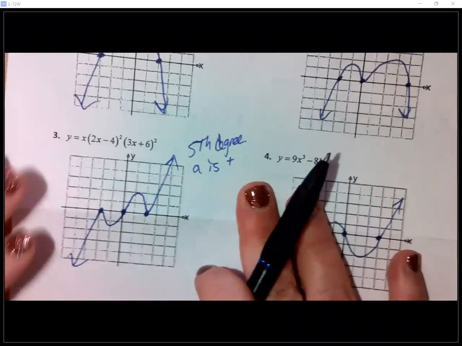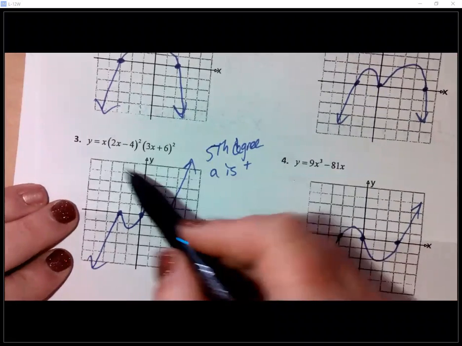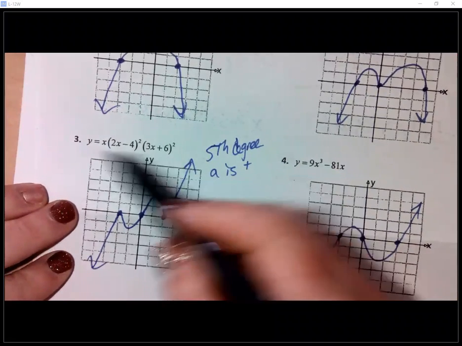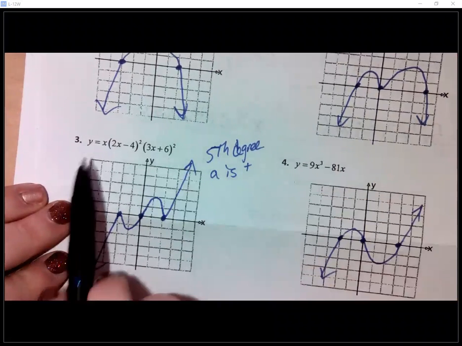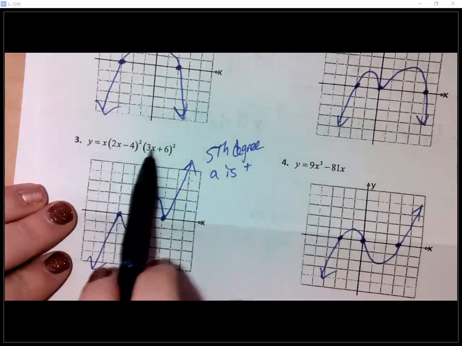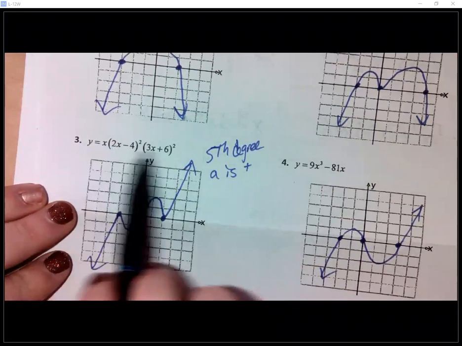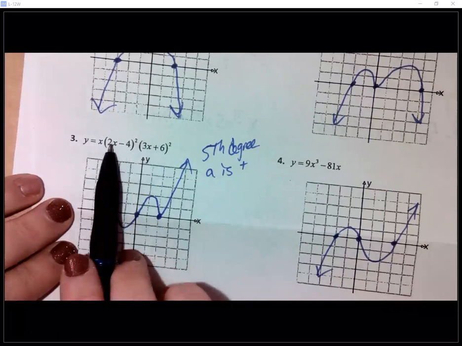Since this is not written in standard form, I'm certainly not going to take the time to rewrite this in standard form. You could, but why bother? I have an x right there. That x is going to get squared, and that x is going to get squared. So don't I have, if I were to multiply all of that together, wouldn't that give me x to the 5th power? Because I have a squared, and 1 to the 1st.